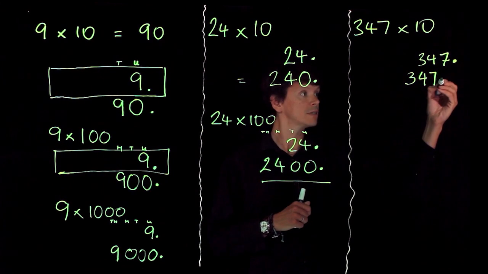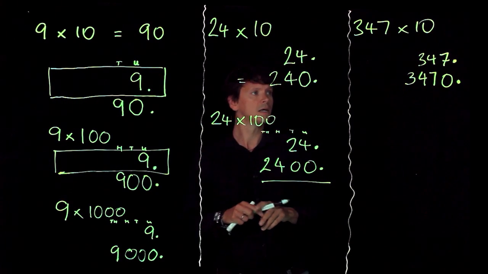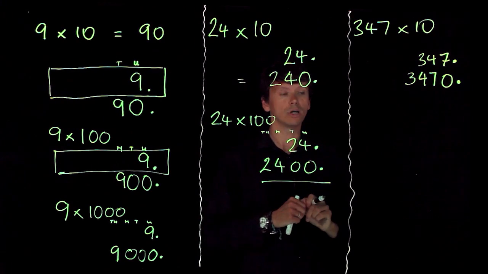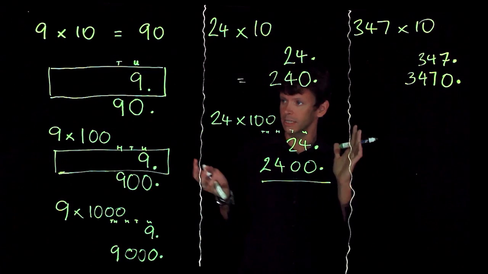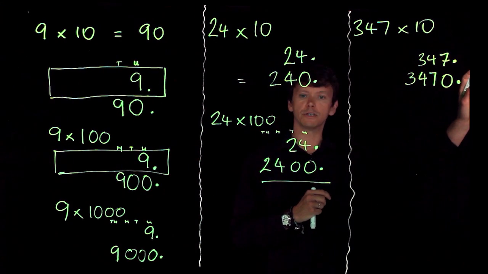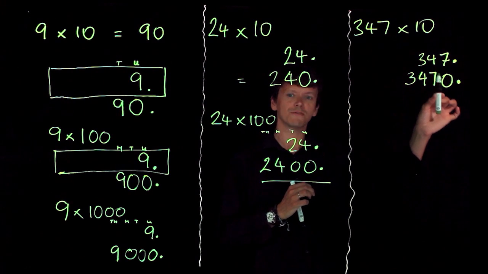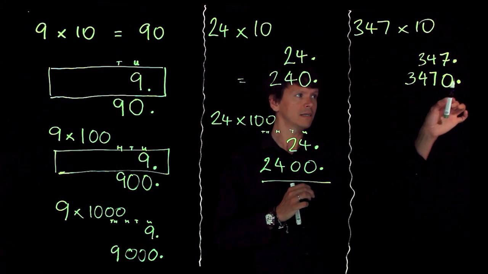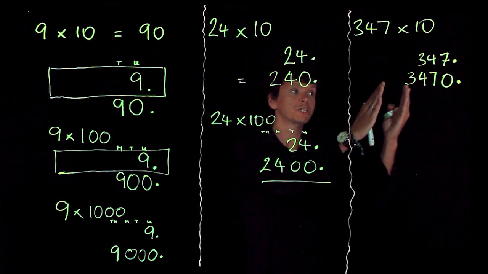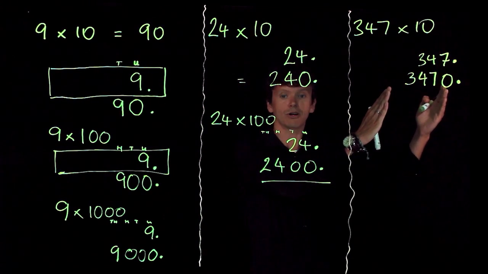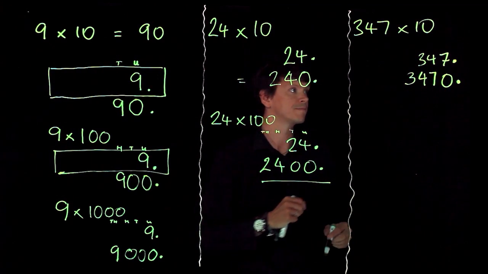We no longer have any units. Decimal point, exactly where it has been. 3,470. Of course, you don't need to write these decimal points. There's nothing after them. It just neatly demonstrates the fact that you mustn't forget that effectively we're adding a 0 in here. What we're doing is filling in the space in the units column that has been left by shifting these numbers over to the left.